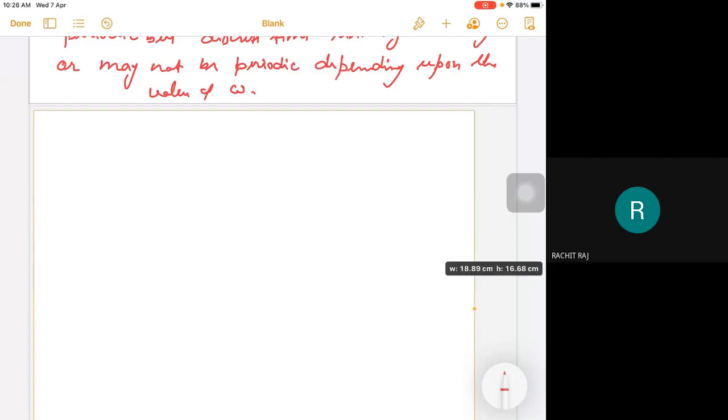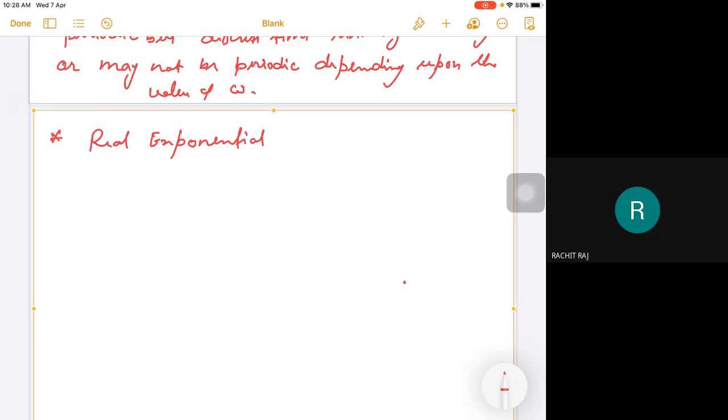Now the next one is exponential. In exponential we will see one is real exponential and the second one is complex exponential. So in short form, quickly let me tell you about the real exponential signal.